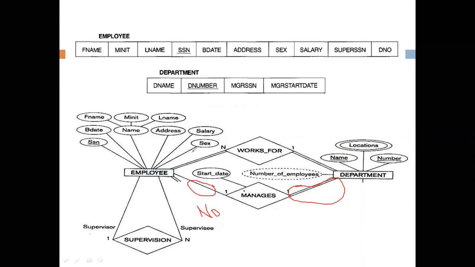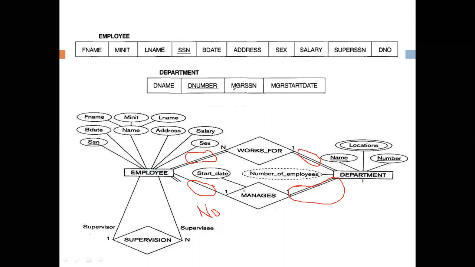Similarly, on the other side, all the employees should work for the department, any one of the departments. Which means it is a total participation. And from the other side also, it is total participation, which means all the departments will have some employees.